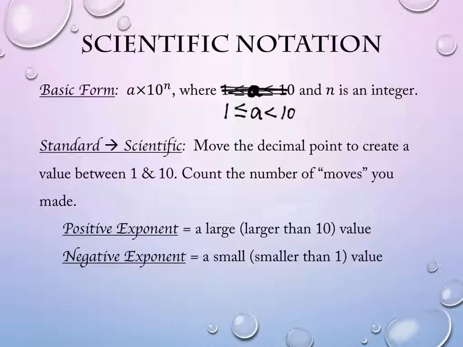So small and big are kind of relative terms, so I've given you kind of a reference point. Small means smaller than 1, big means bigger than 10. Okay? So yes, I recognize that 20 is not a very big number, but by the way we're looking at it, 20 would be considered a big number. Okay?